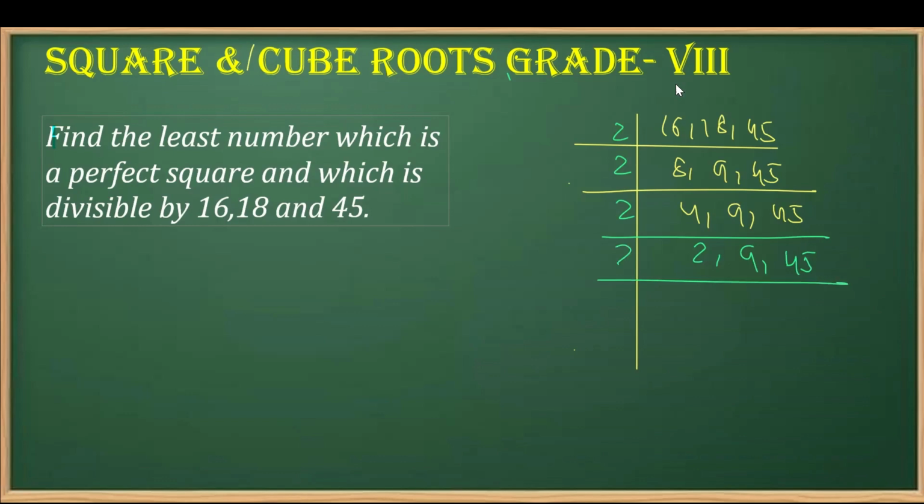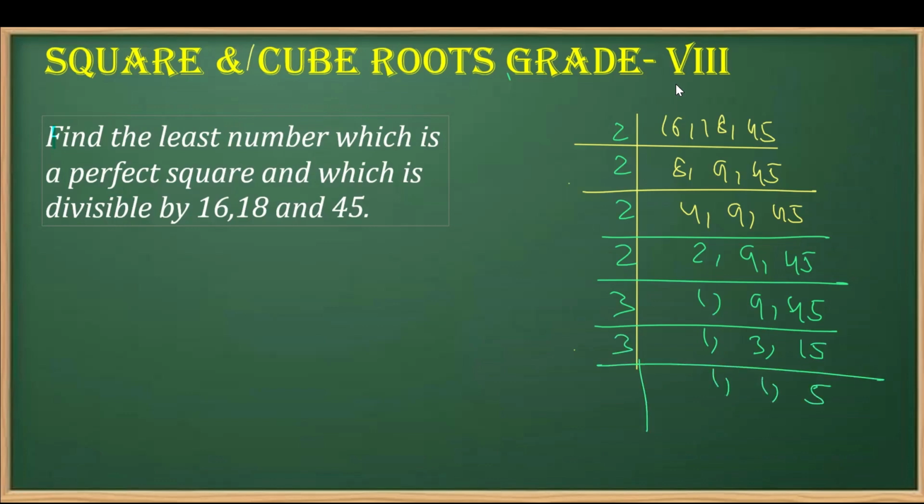Next, one more time by 2, this is 1. 9 and 45 are not divisible. Next we'll go by 3. 9 gives 3 and 45 gives 15. Then this is 1 and 5. Finally, by 5, what we are getting is 1, 1, and 1.